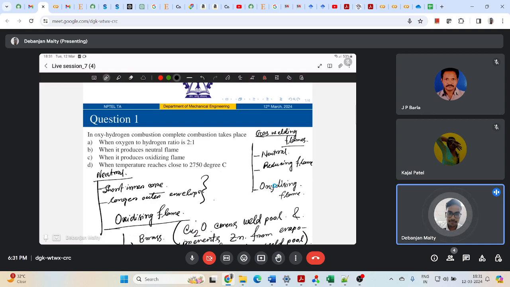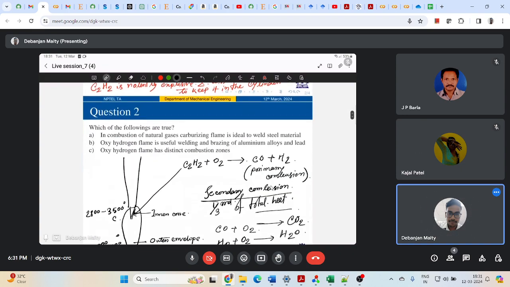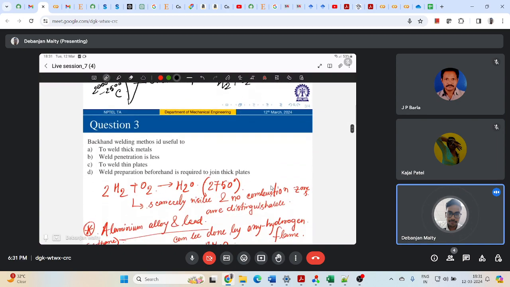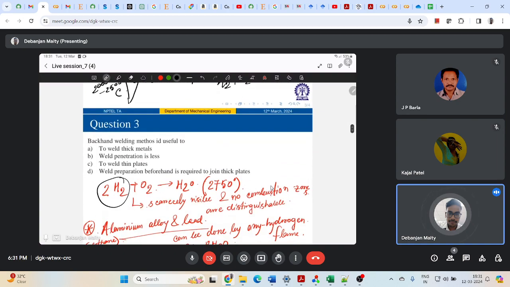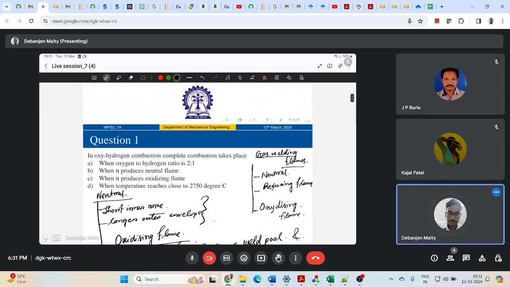What was my reaction in oxyhydrogen combustion? This will be two parts of hydrogen with one part of oxygen. So the oxygen to hydrogen ratio should be 1 to 2, right? So this is a false statement.